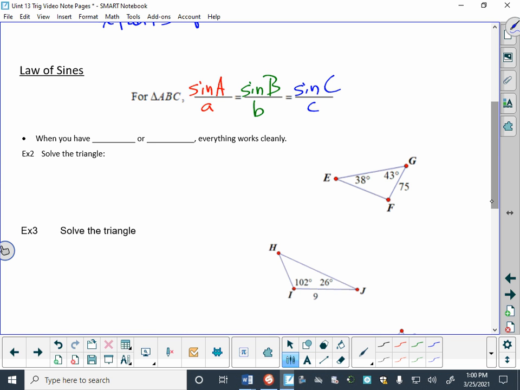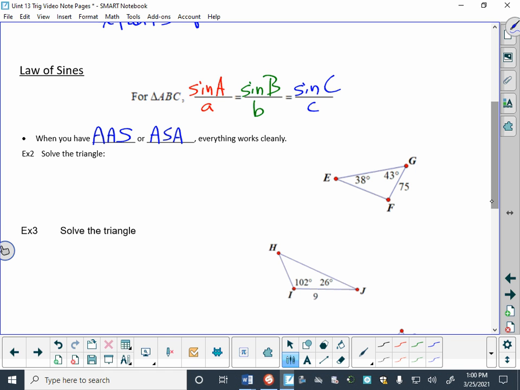Now in practice, we don't usually use all three of these. The idea is that hopefully between two of them, we know 3 of the 4 pieces of information. This works really well when you have angle-angle-side, which was one of our proofs that we could use to prove two triangles were congruent, or if you have angle-side-angle.